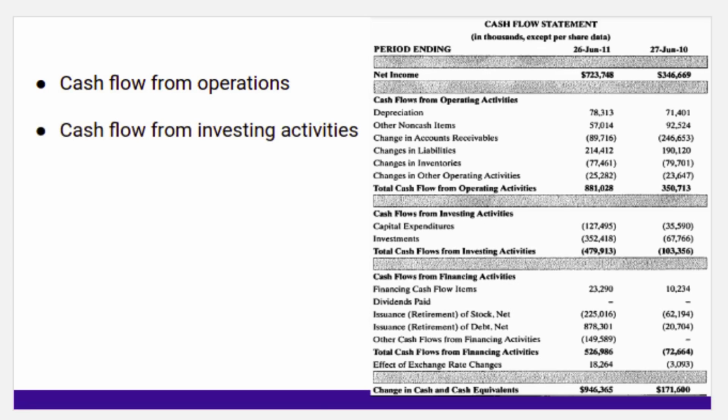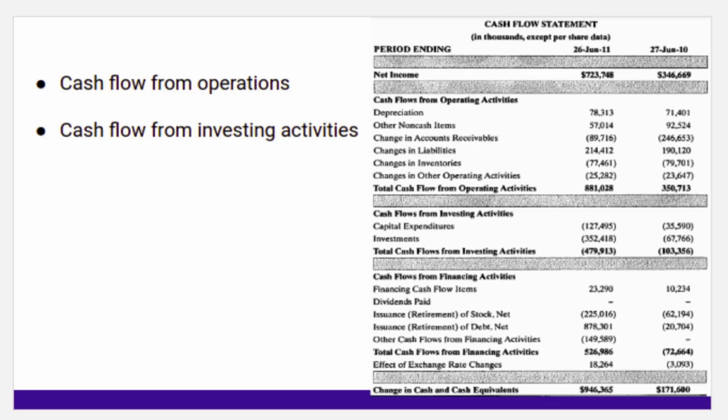Cash flow from investing activities deals with the investment activity. The company purchased capital assets, suppose $1,227,495.